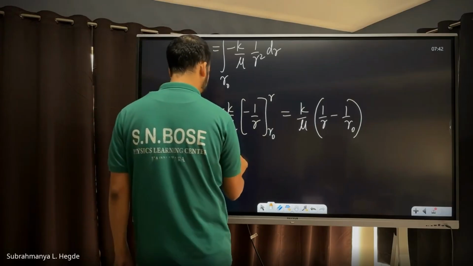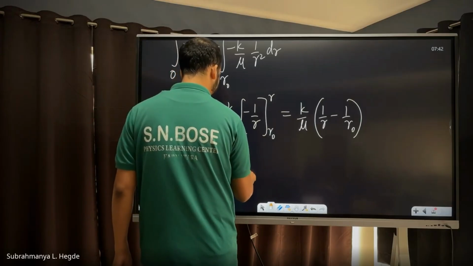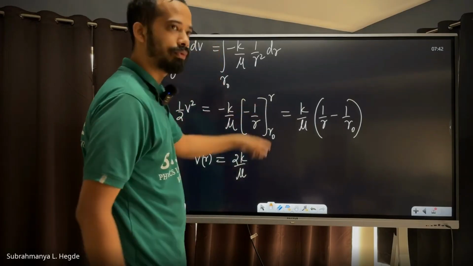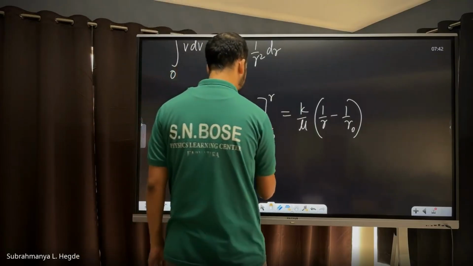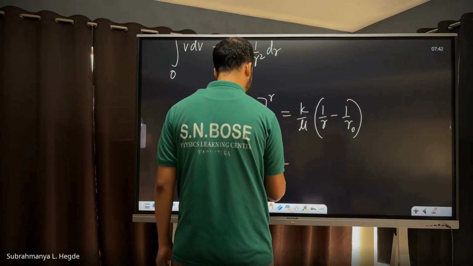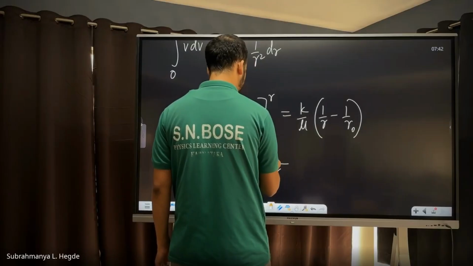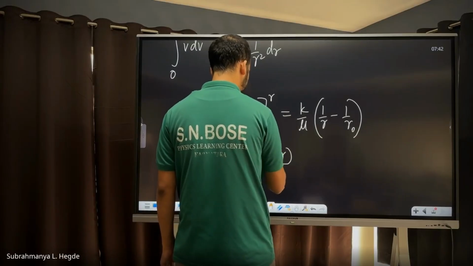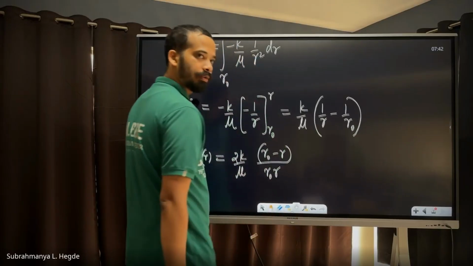What is this one? That's equal to 2k by mu. If I take the LCM, r naught r, r naught minus r. So check this out, r naught minus r.